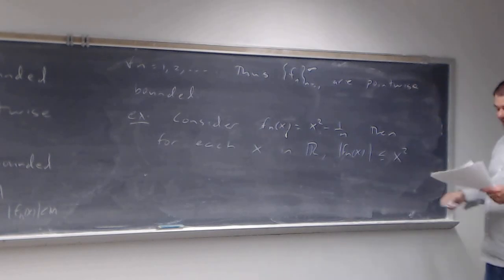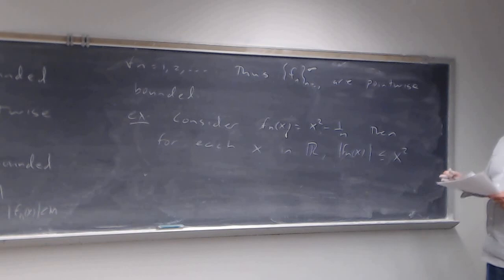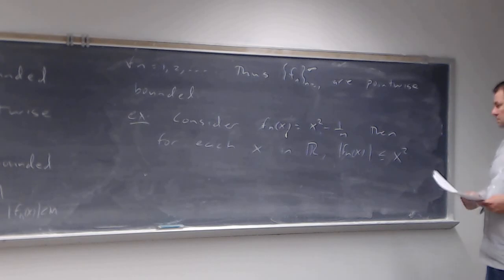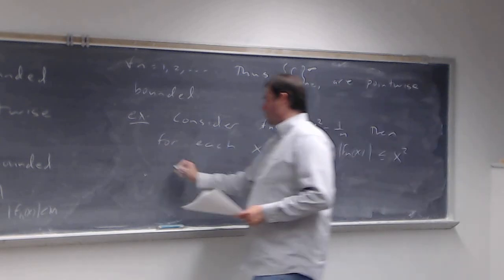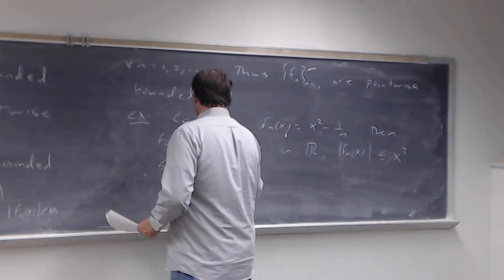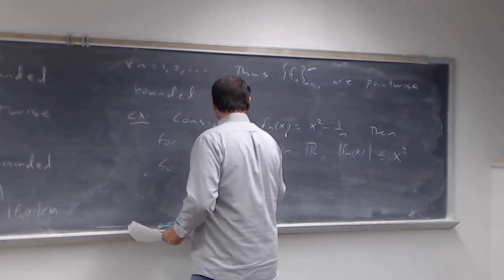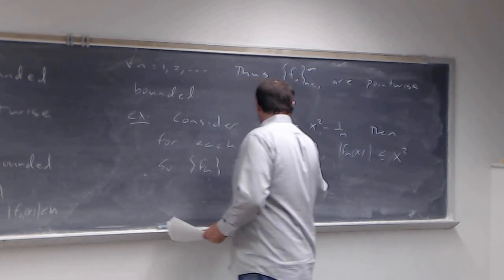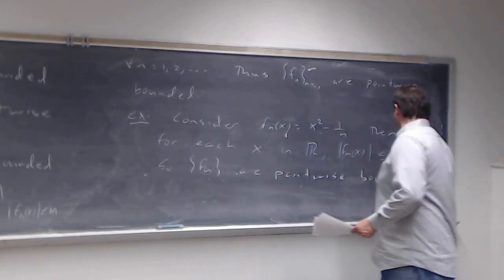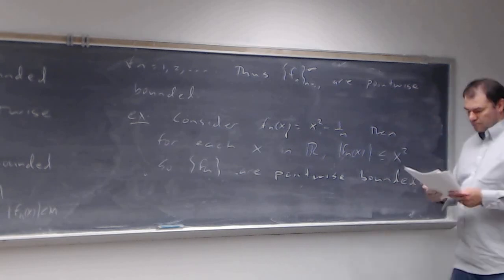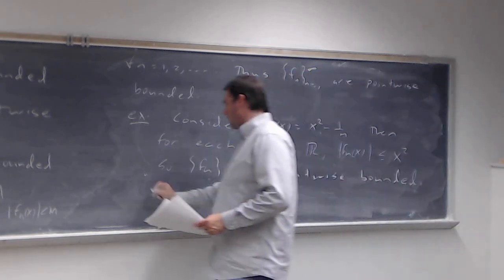That's my function phi of x. In the proof that uniform boundedness implies pointwise boundedness, the phi is just that constant. So this collection of f sub n's is pointwise bounded. However, they're not uniformly bounded.